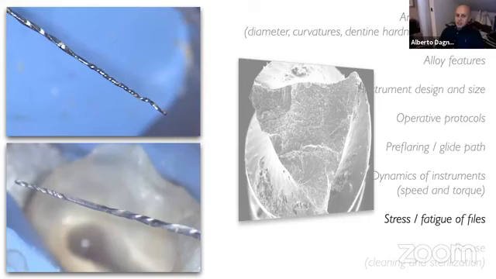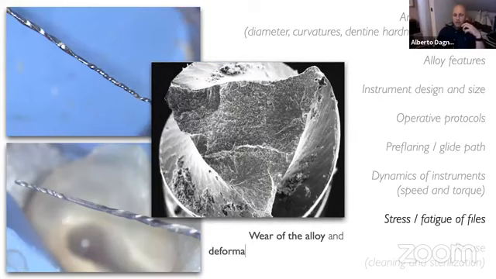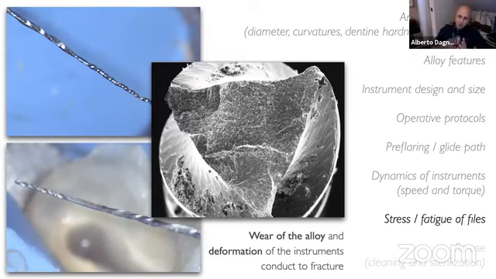But in many cases, we have to consider not only macroscopic deformation or wear of the alloy. The nickel titanium alloy can undergo microscopic deformations that we cannot see.